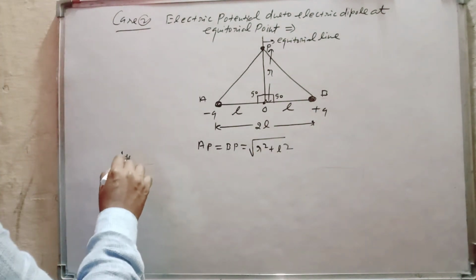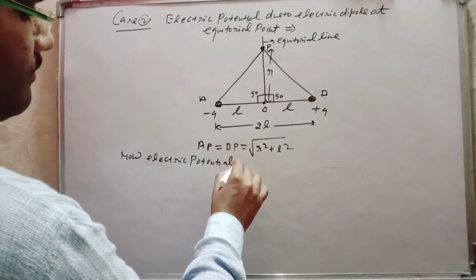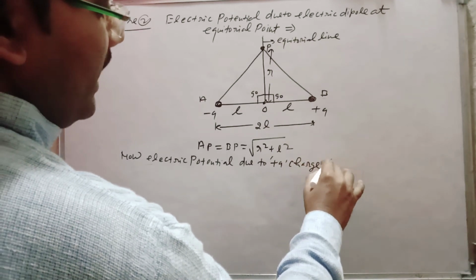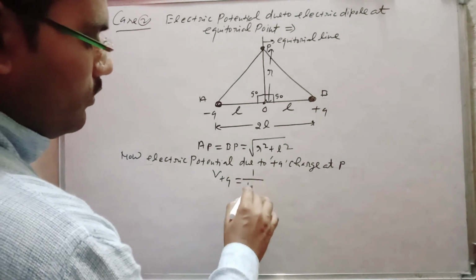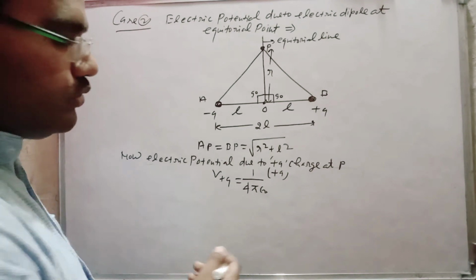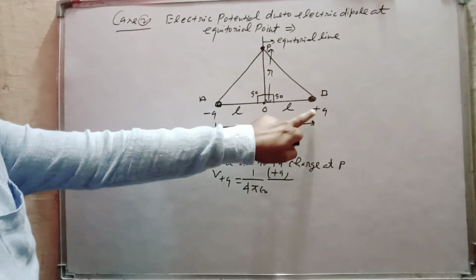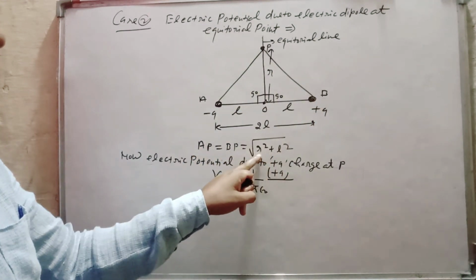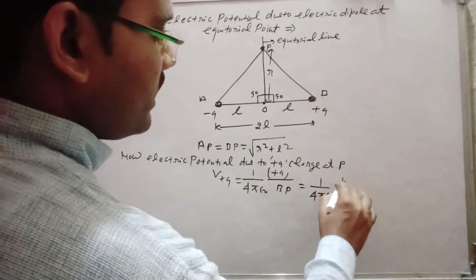Now electric potential due to plus Q charge at P, V plus Q, is 1 divided by 4 pi epsilon naught times plus Q, because potential due to a positive charge is positive, and the separation between plus Q charge and P, that means BP, and BP is equal to square root of R square plus L square.